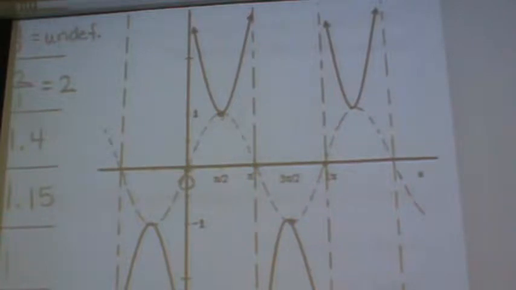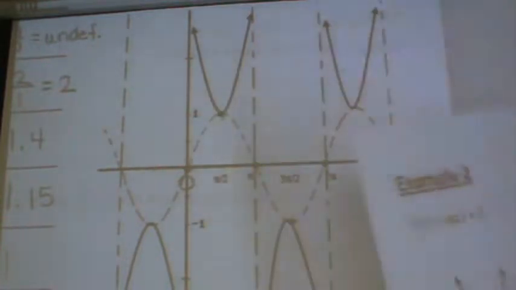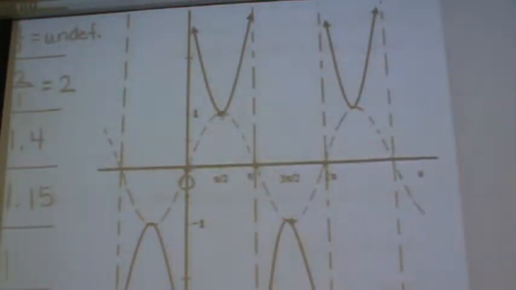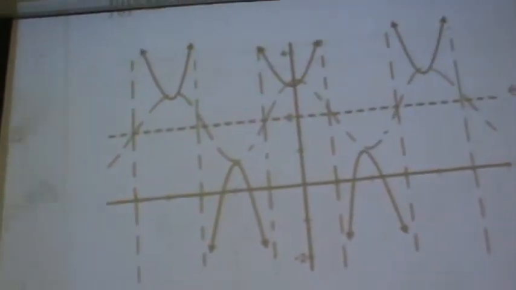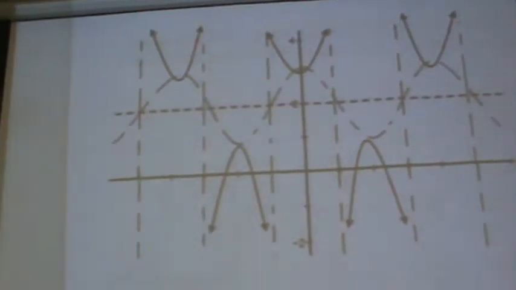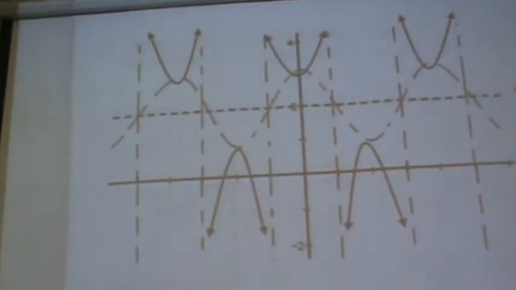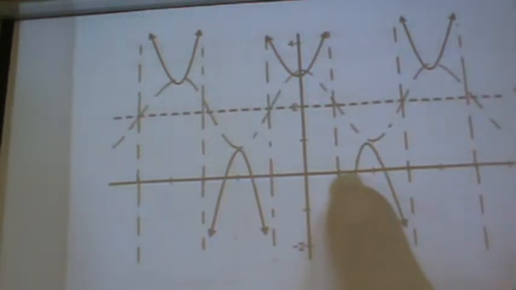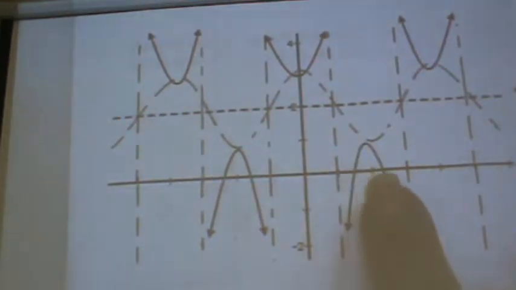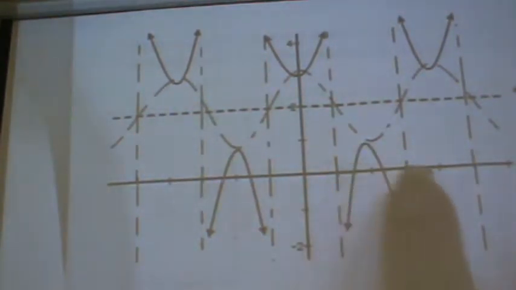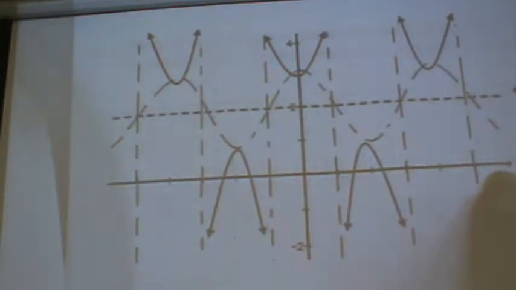Now, if you looked at the secant, here's your secant. For this one, your asymptotes are at odd multiples of pi over 2: pi over 2, 3 pi over 2, and so forth, 5 pi over 2.